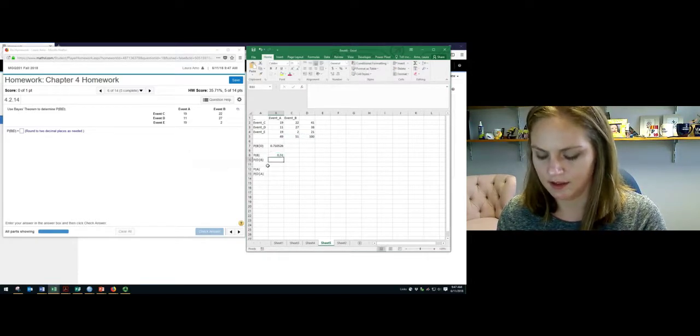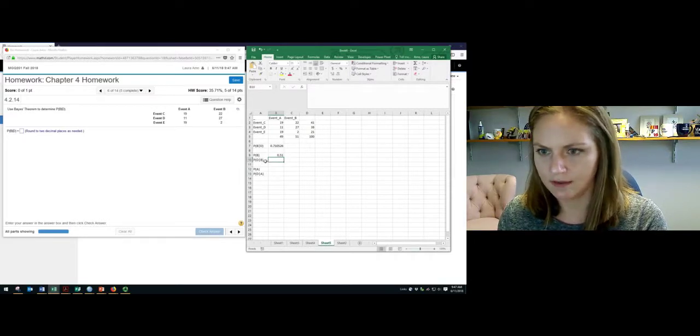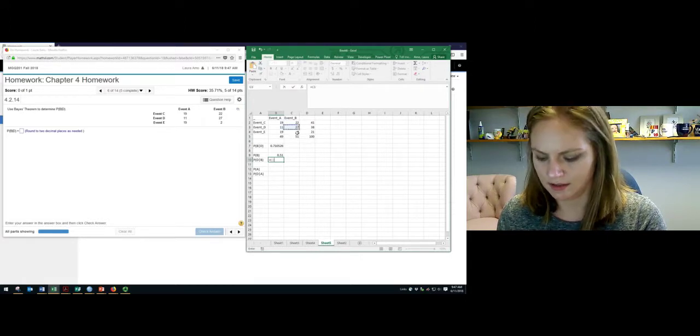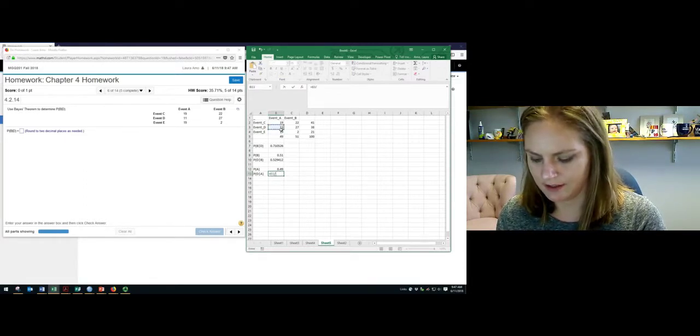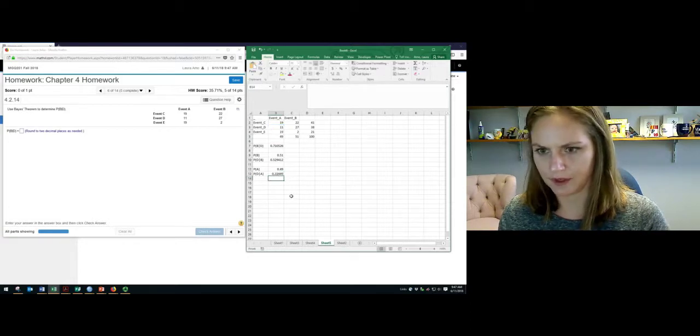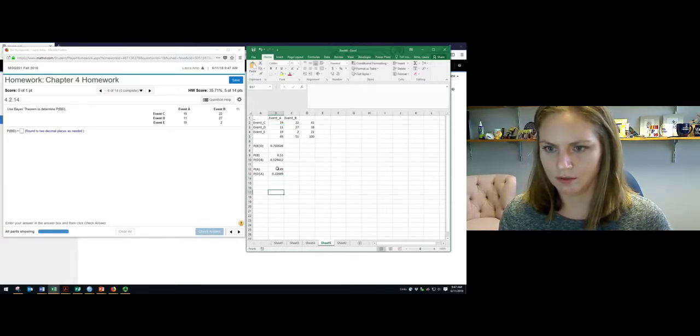The probability of D given B is this divided by this. The probability of A is this divided by 100, and the probability of D given A is this divided by this.